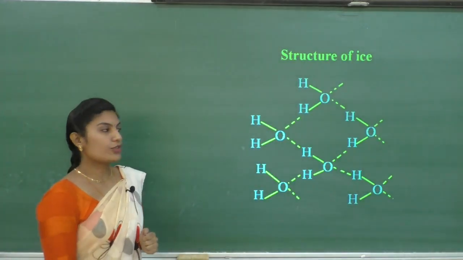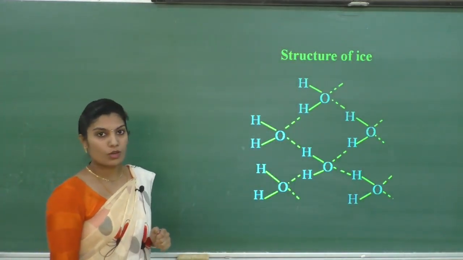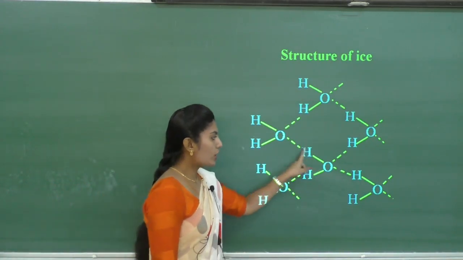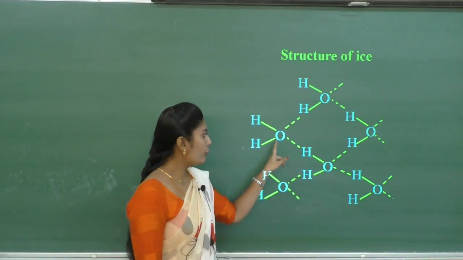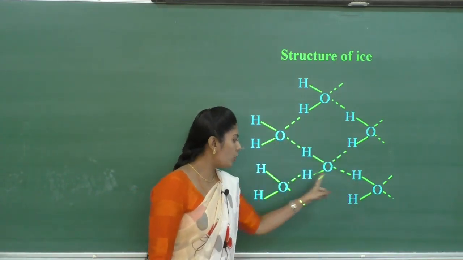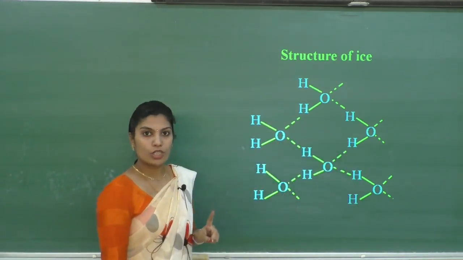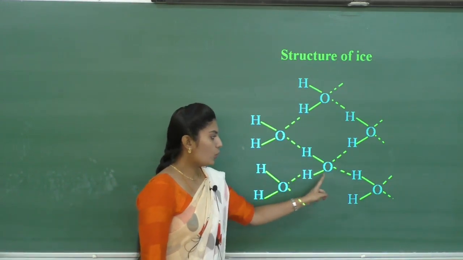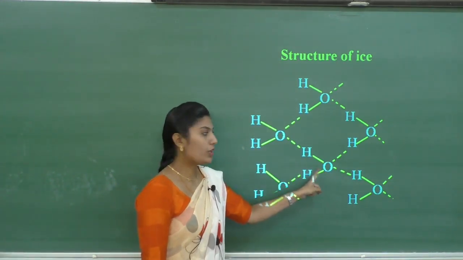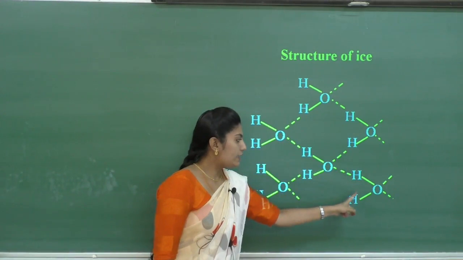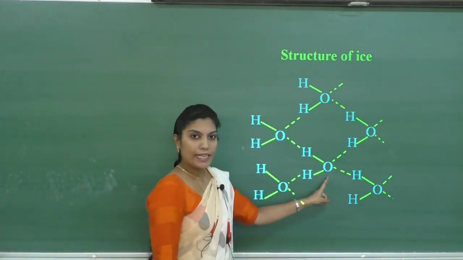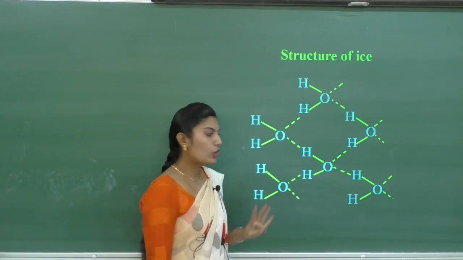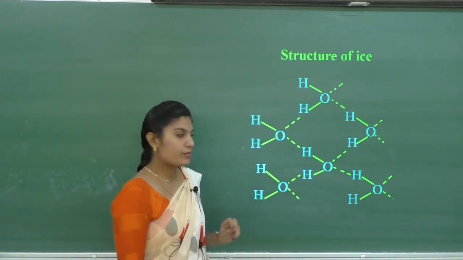If you see the structure of ice, you can observe here one water molecule, H2O, is bonded to four other water molecules. In that, the oxygen atom is bonded to four hydrogen atoms.